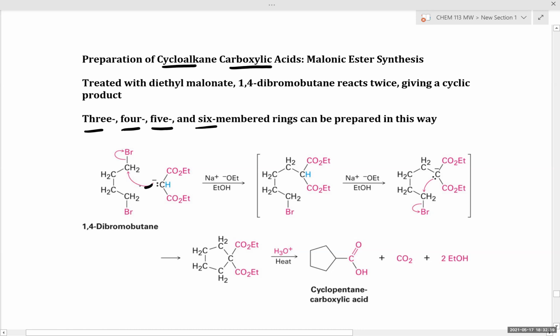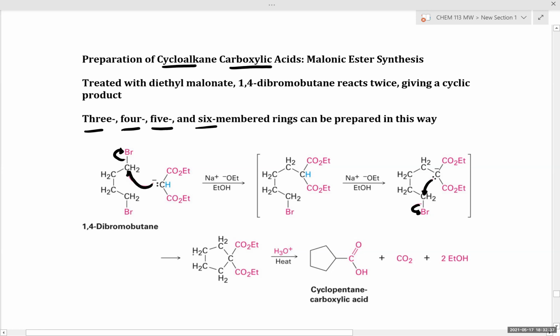So in this case, our malonic ester enolate attacks and displaces our alkyl halide. From there, we can generate another enolate, and it gets immediately alkylated via an intramolecular SN2 reaction.